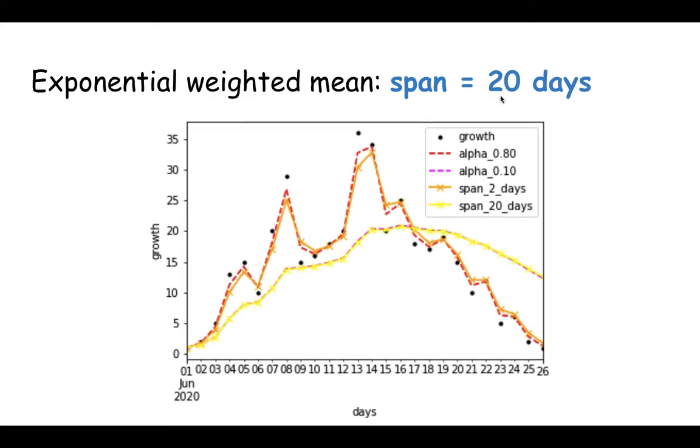Now if you change that to 20 days, so now you are spreading the weights over a large number of days, and therefore, as seen here in the yellow line, the curve flattens out and becomes much smoother as compared to the original data.